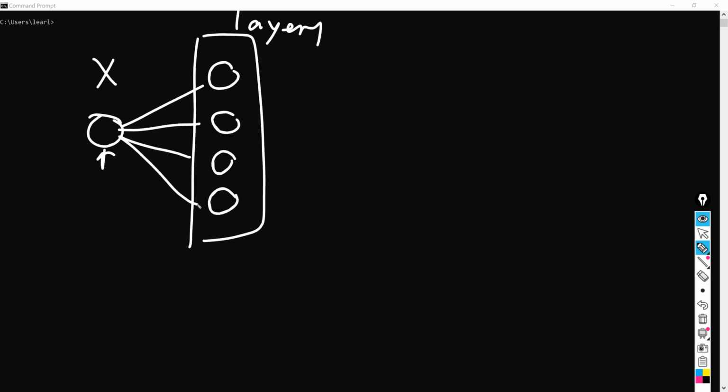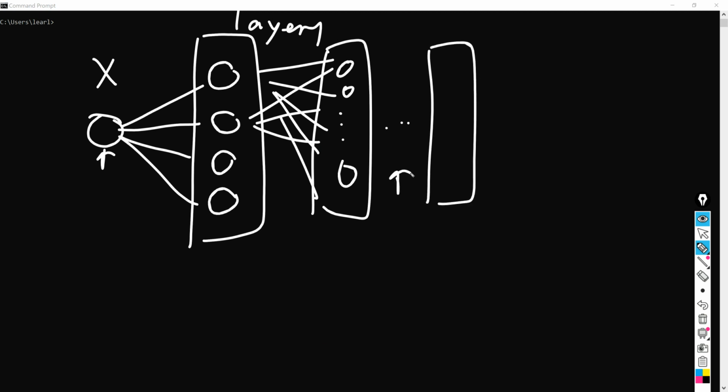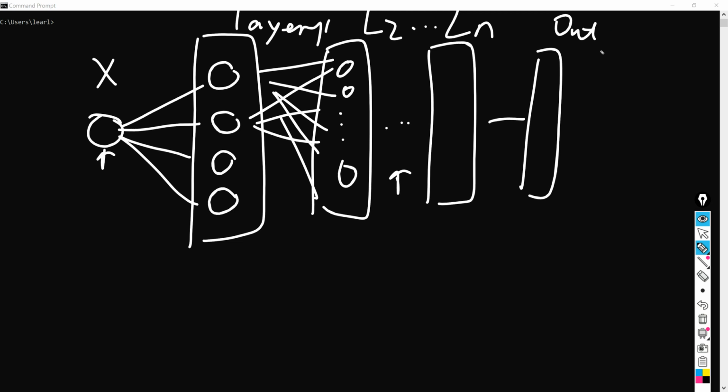Later I will demonstrate the algorithm inside. It might have a lot of layers, each fully connected, so every node connects with all the nodes in the next layer. Here is layer 1, here's layer 2, and so on, and this is layer n, and here's the output layer. We usually don't label it, we just call it the output layer.